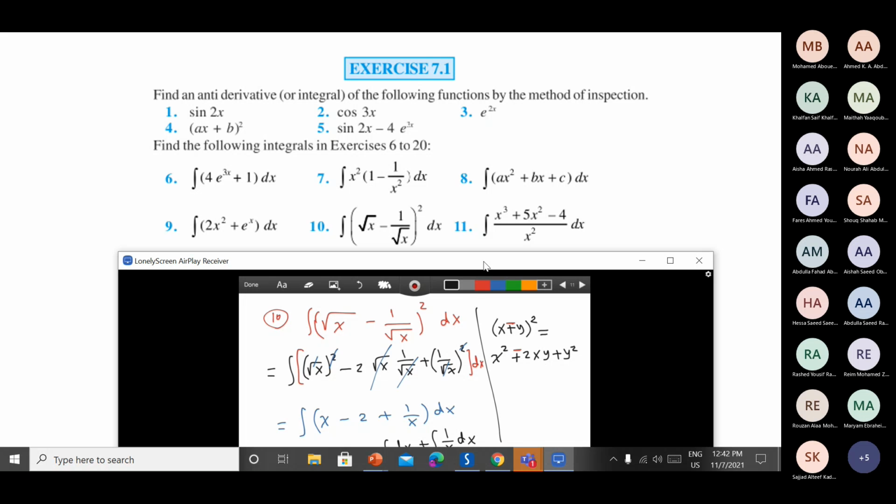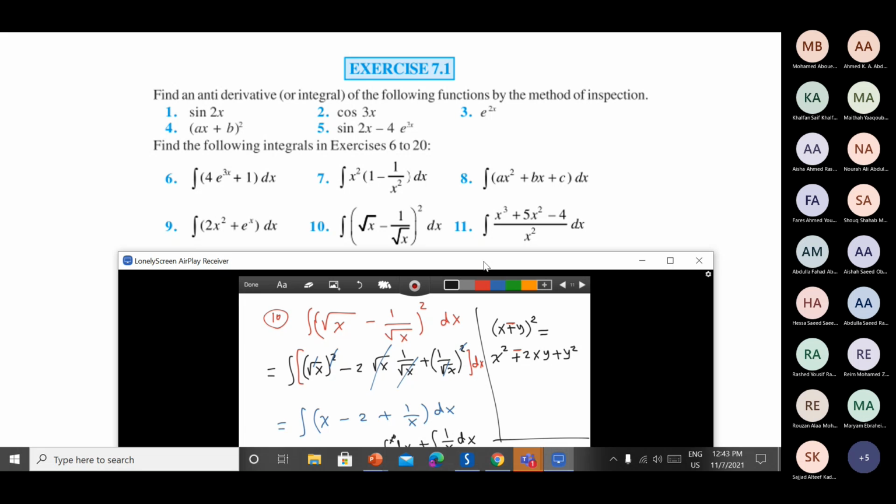The integration of 1, which is x to the power 0, if you like, so it is x plus 1 over x from your table. It is the logarithm of the absolute value of x, or I prefer to call it ln, ln the absolute value of x, plus the constant c. Okay. So if you don't know how to expand the square, the complete square, you cannot manage this one right now.